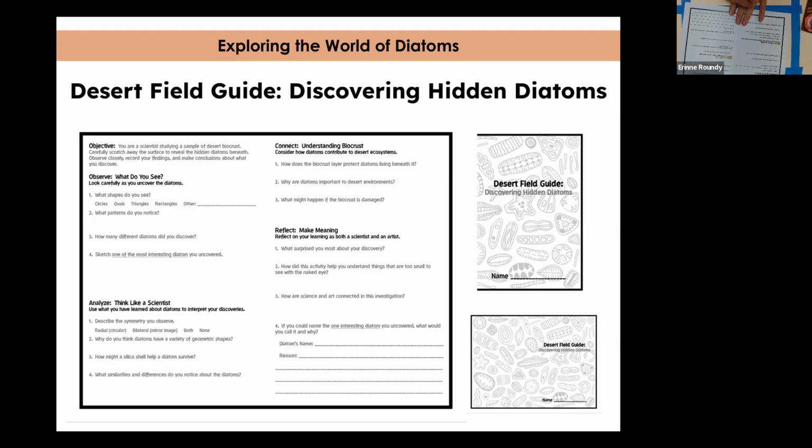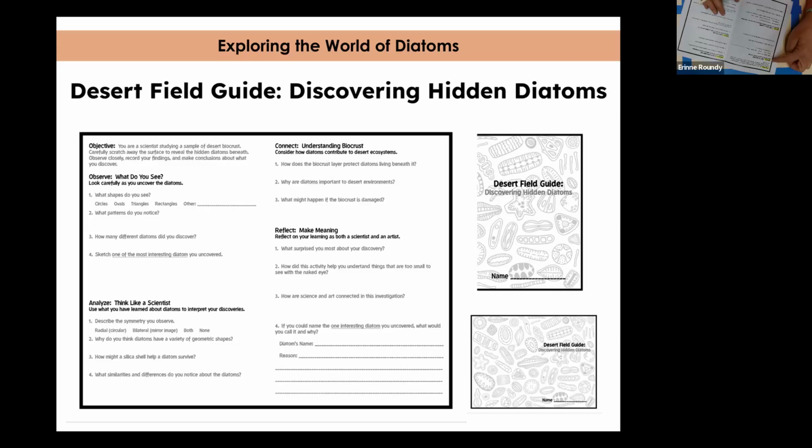The objective is that the students are the scientists studying a sample of the desert biocrust. They're going to carefully scratch away the surface to reveal the hidden diatoms beneath. They are going to observe.